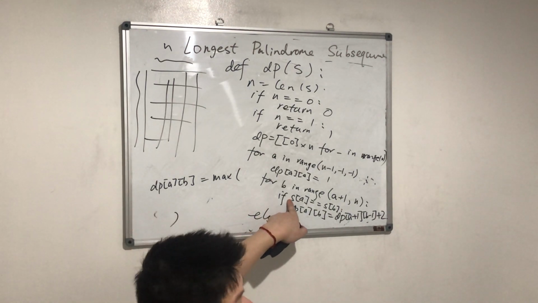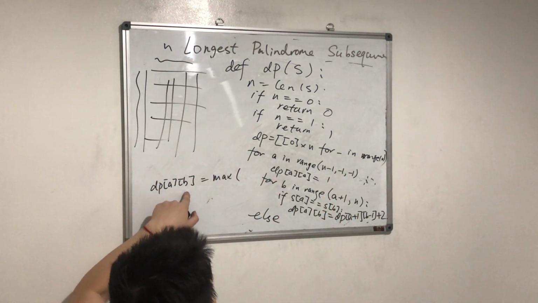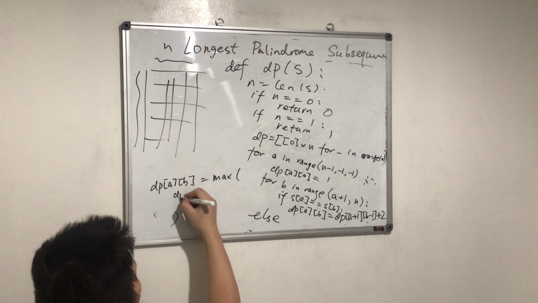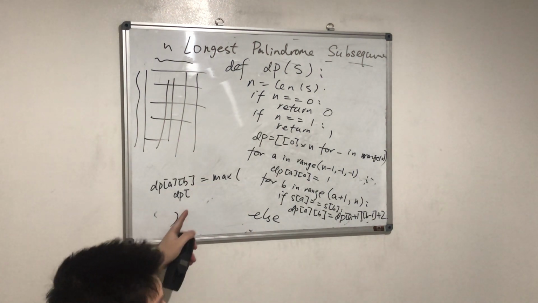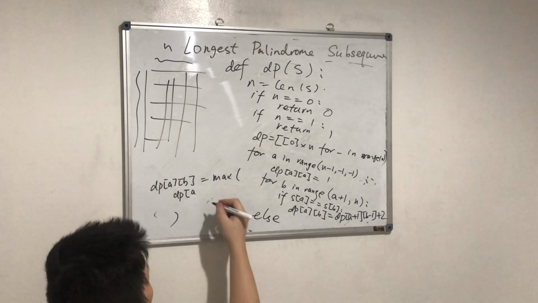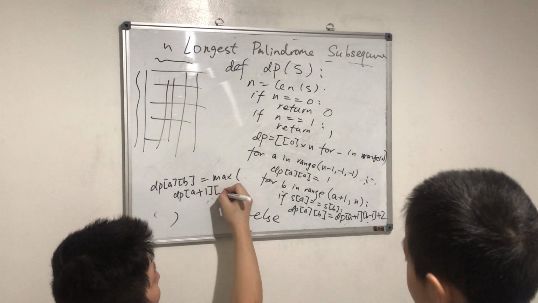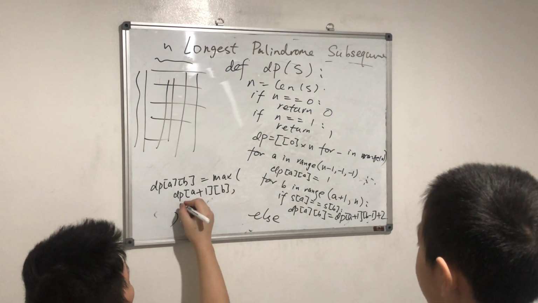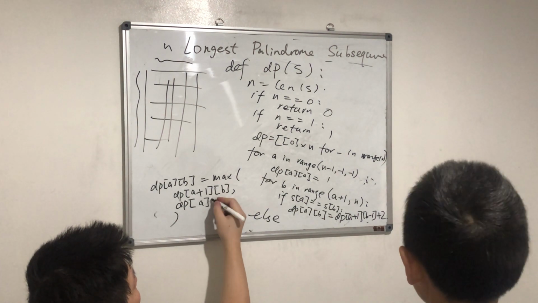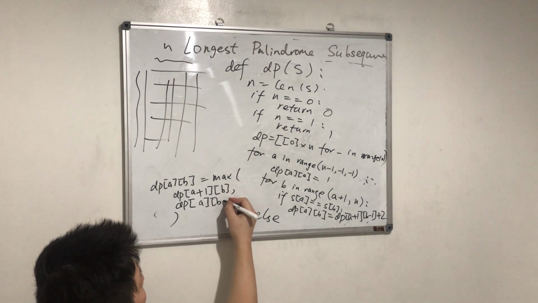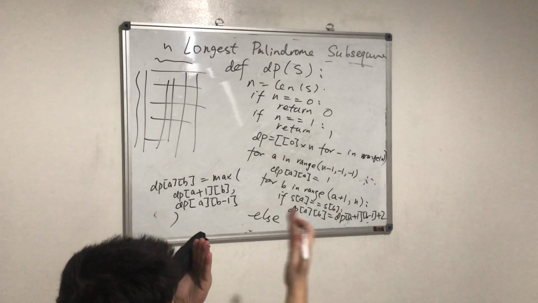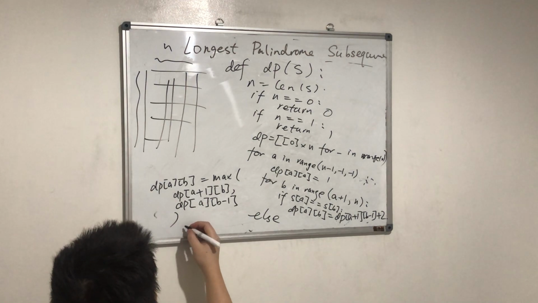If S[A] does not equal S[B], dp[A][B] equals the maximum of dp[A plus 1][B] or dp[A][B minus 1]. Well done. So A plus 1, B or A, B minus 1.